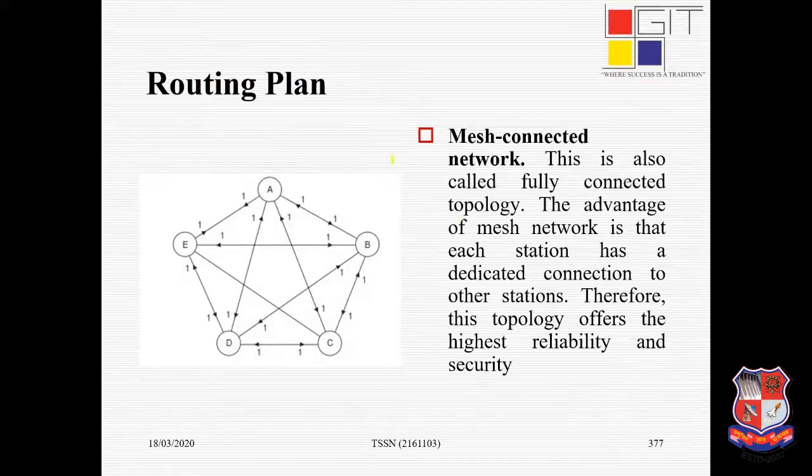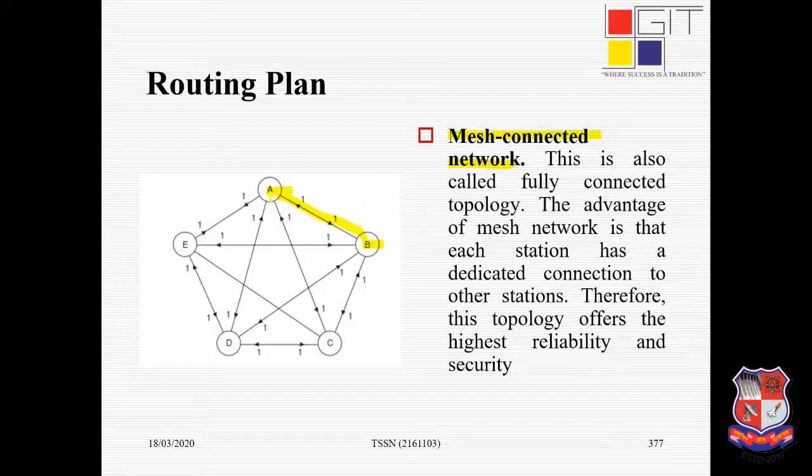So there are a few routing topologies that we are going to see over here. First is mesh connected networks. As you can clearly see from the diagram, you have 5 different nodes present over here, and each node is connected to every other node via one single dedicated line.